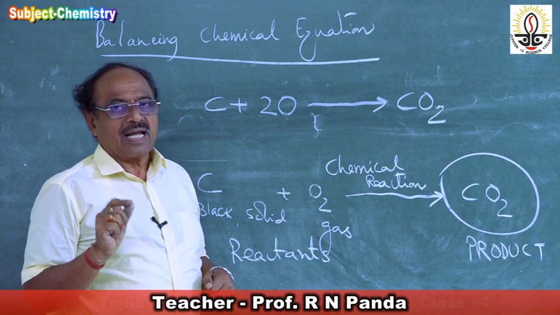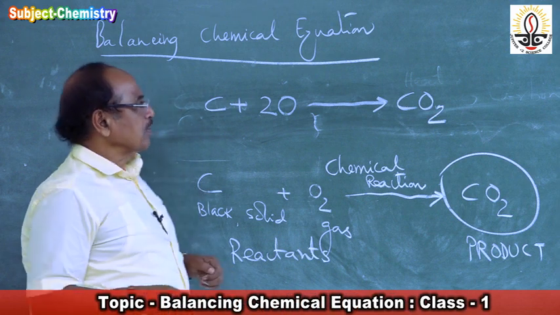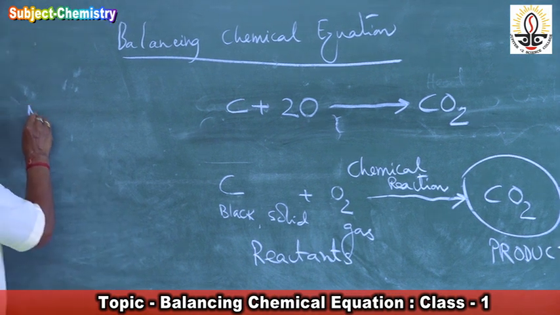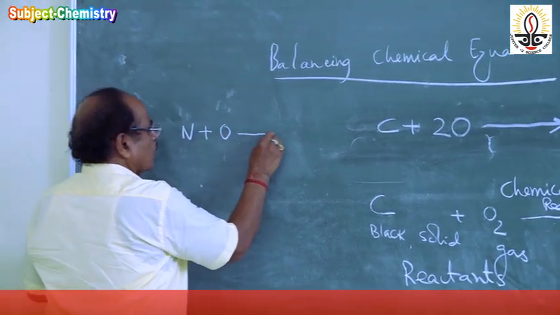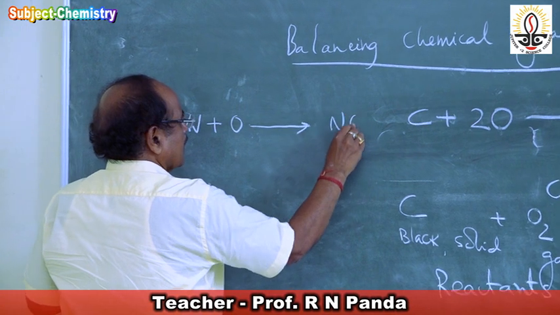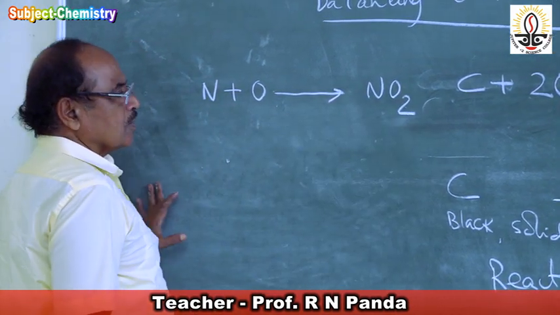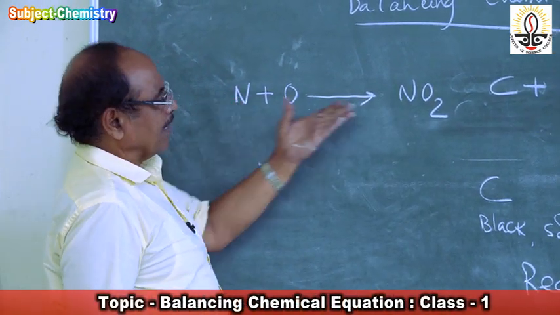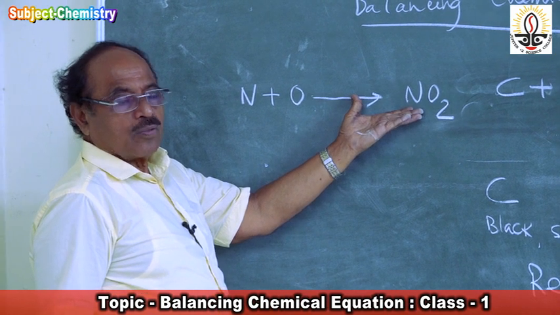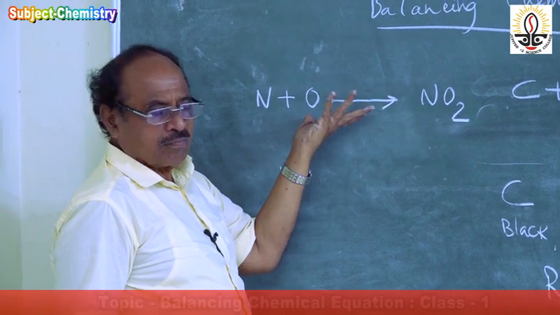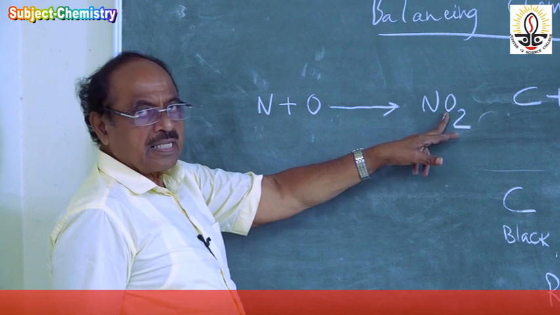Any elementary gas, hydrogen, oxygen, nitrogen. We say nitrogen reacts with oxygen to form nitrogen dioxide. So this is a chemical reaction. We want to put it in equation form. How many oxygens are here? Two.